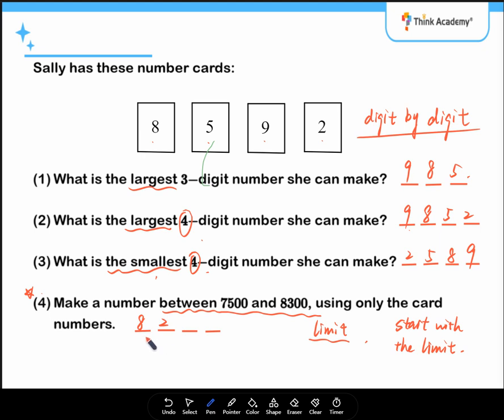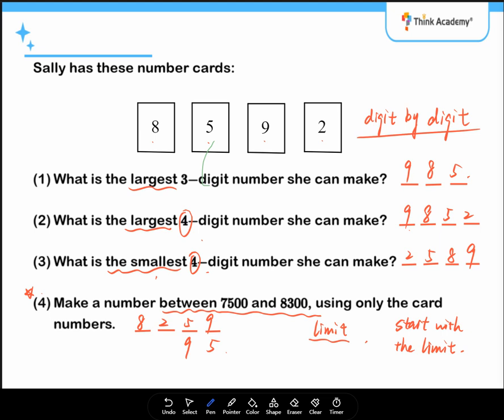And the next one: we make a number using only number cards, so it's not limited to whether it should be as large or as small as possible. So next one we can say it should be 5, 9, or maybe 9, 5. Both are correct. Am I clear about that?